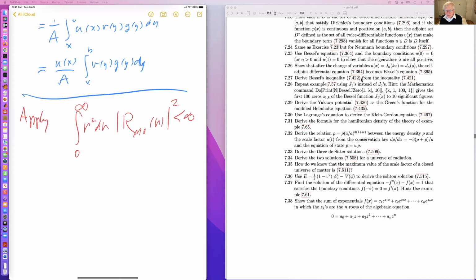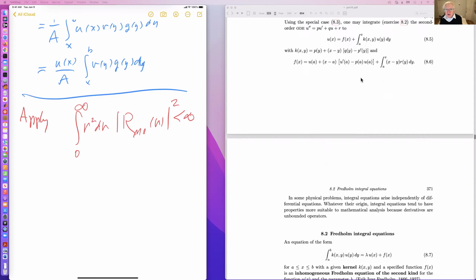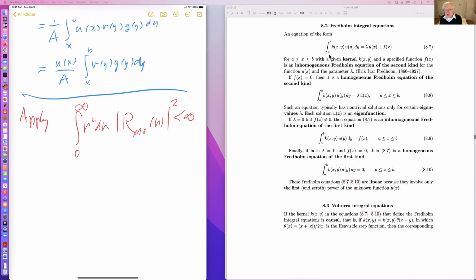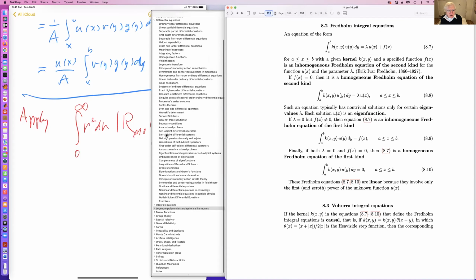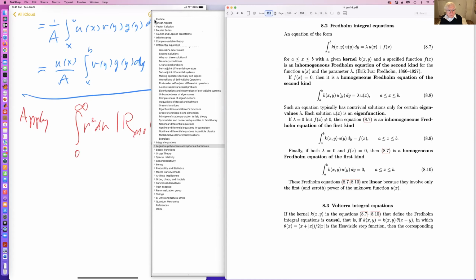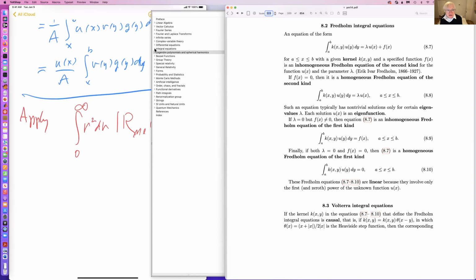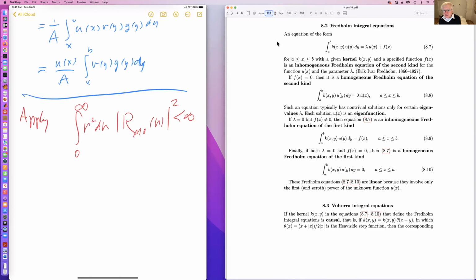Okay, well, we've been through the early sections of this chapter on integral equations. The basic thing about integral equations is that they rewrite the differential equation in a form that's more suitable to mathematical analysis.